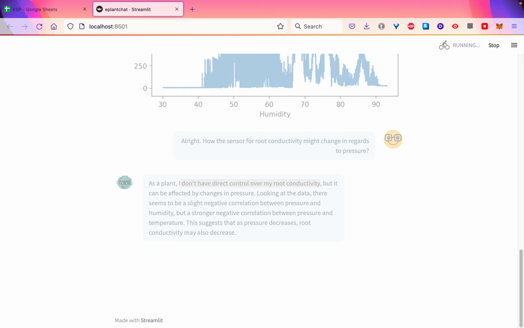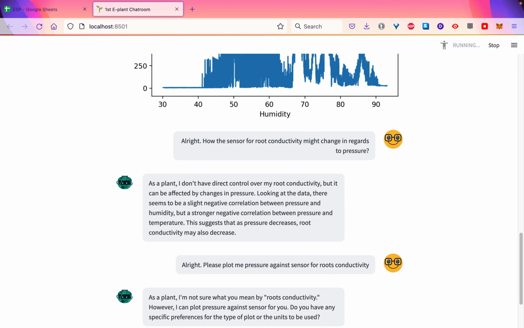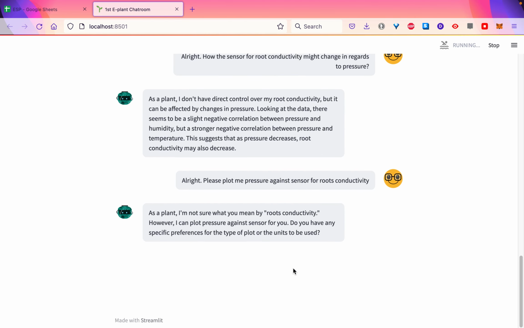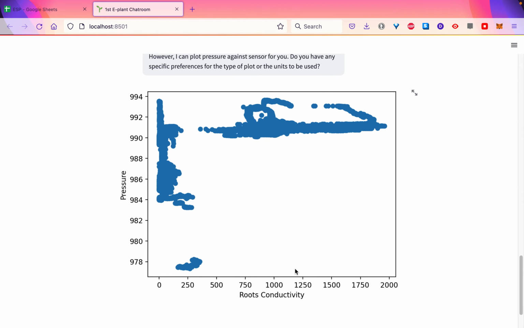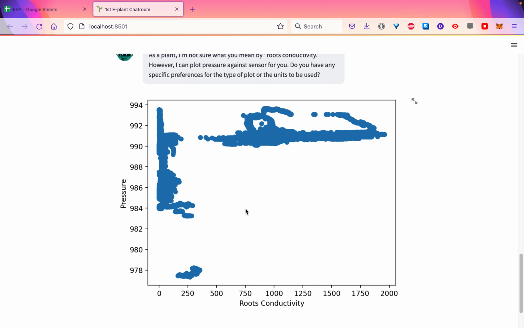And kudos to Streamlit for having built such an amazing framework for web apps like this. So here it is, pressure against roots conductivity. It's even asking me if I have a preference for the type of plot or the units to be used, which is quite interesting.